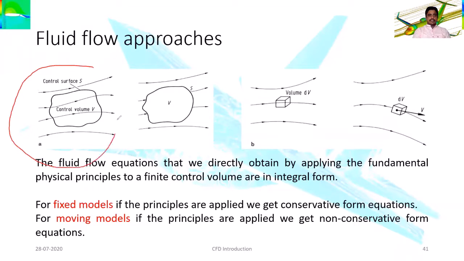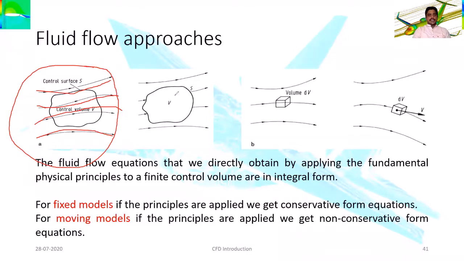You can see the fluid particles moving inside the control volume, and the control surface is also moving in this case. So the control volume and the control surface both move with respect to the particles.